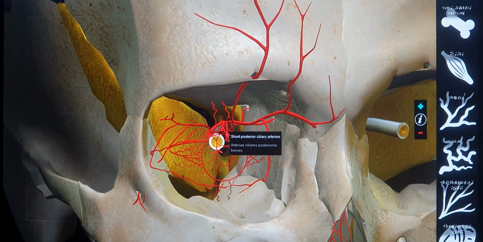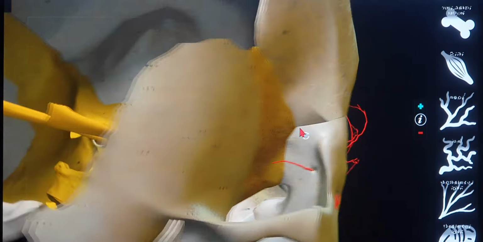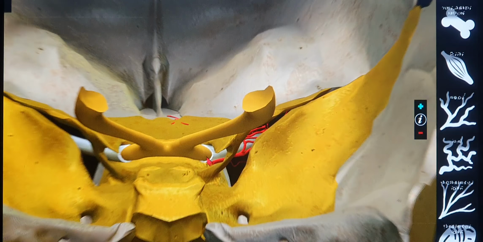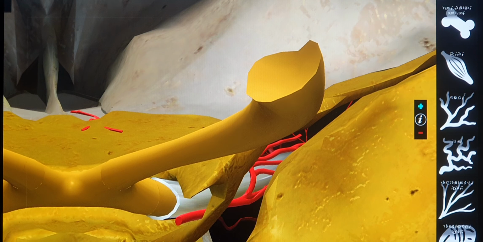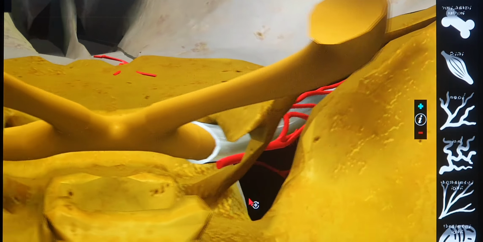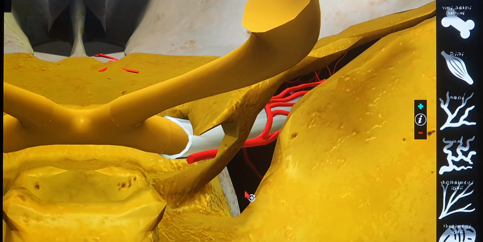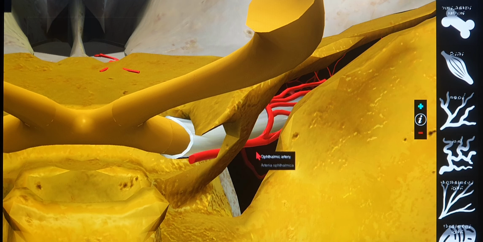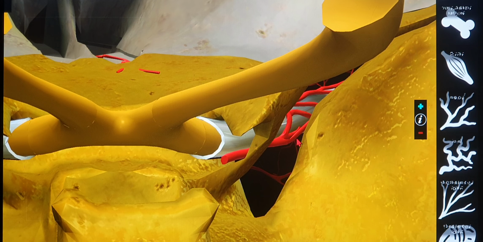Now this was a medial course above the optic nerve, but as you can see from behind, if I can just zoom in for you guys and keep it in the center, this was the ophthalmic artery, the main trunk. It is giving off a lacrimal artery on the lateral aspect.